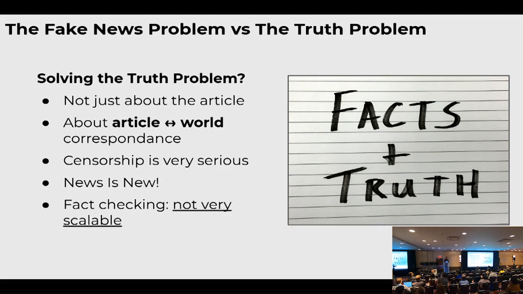What is an approach that doesn't work and that is hard to scale? Solving the truth problem. Construing the fake news problem as detecting the truth, extracting the claims from the text, and then comparing them to a database that has all the true factoids in the world is very hard. It's very hard even if we're not talking about new things that may not be in your database of all the true things in the world.